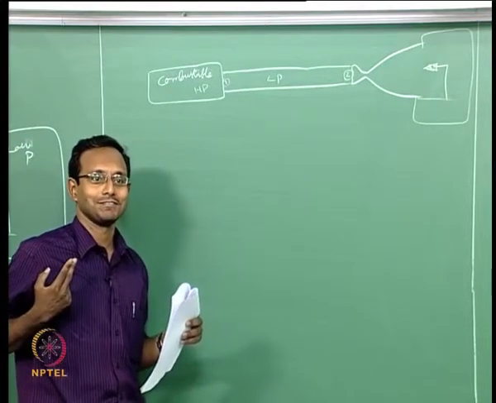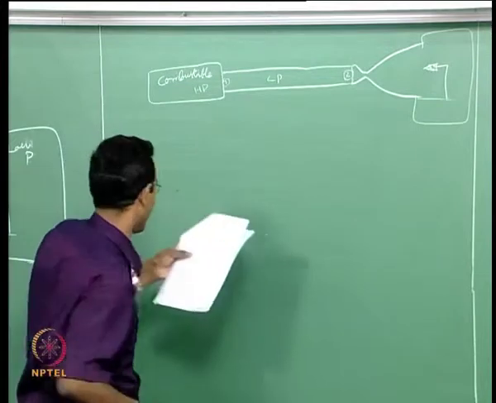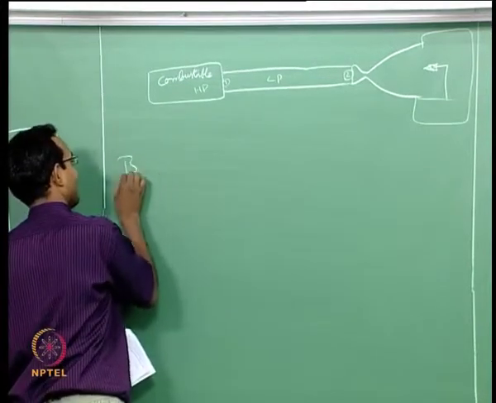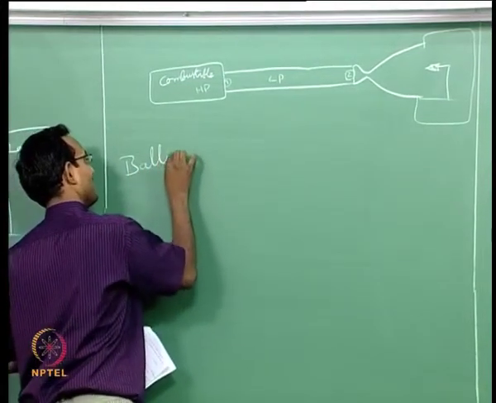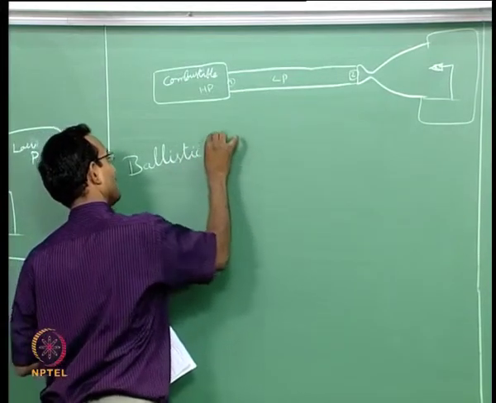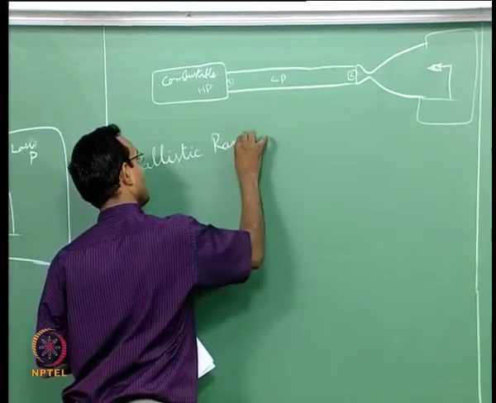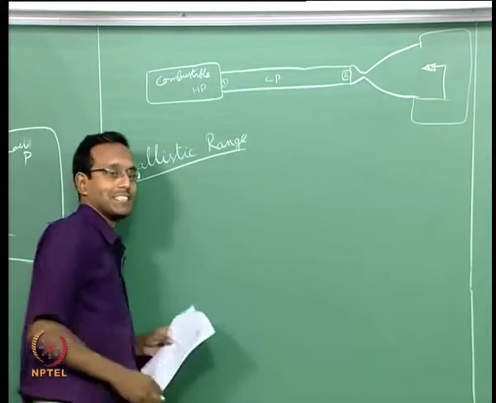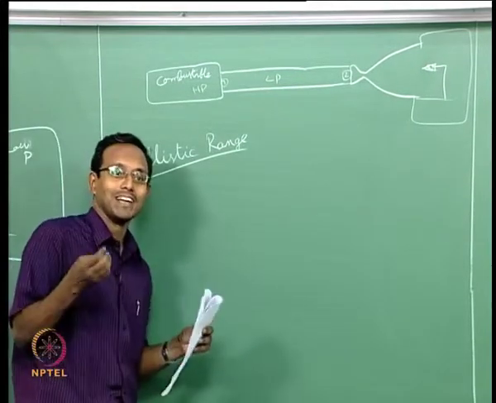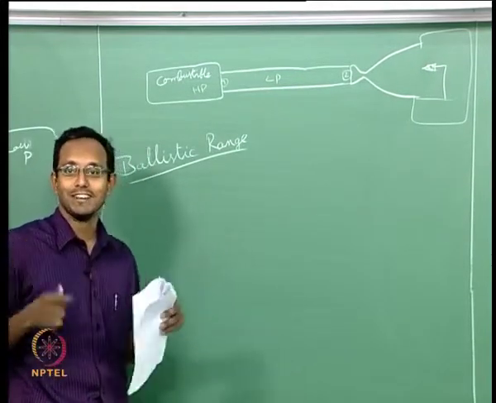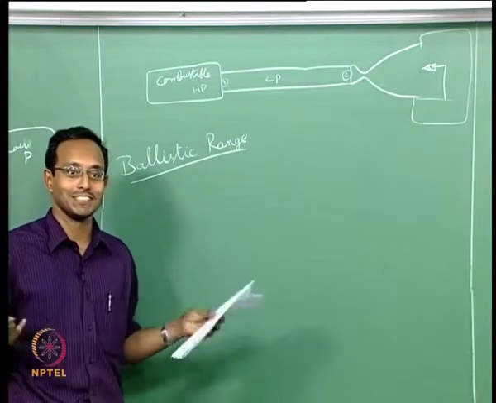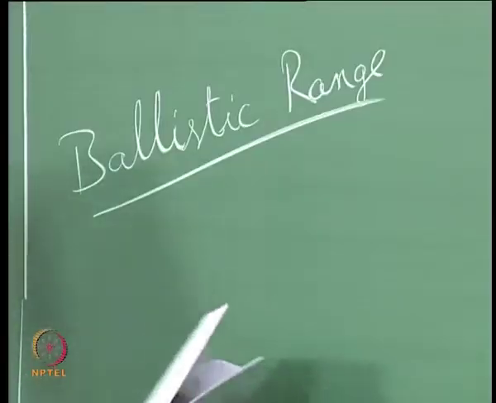Shoot it. So the next facility is called a ballistic range. Ballistics is related to bullets, guns, whatever, they are all ballistics. We are doing ballistics basically.